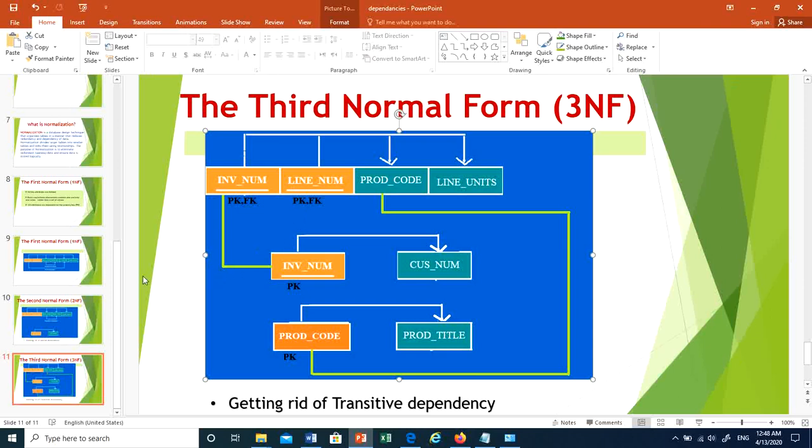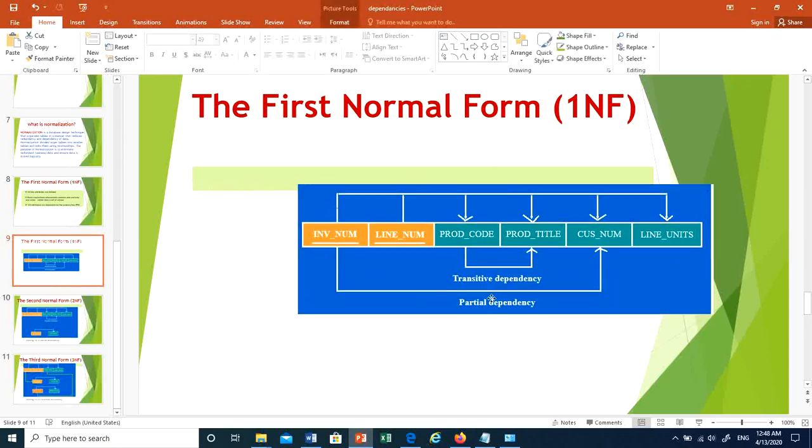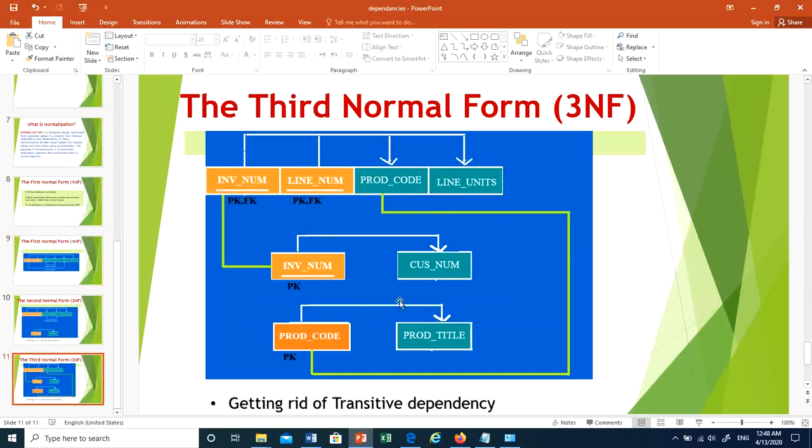So I made my first relation, this one, into what? Into 3 relations, in which I have removed the partial dependency first, this one, then I have removed what? The transitive dependency, to make up these 3 relations and to create relationships between them.